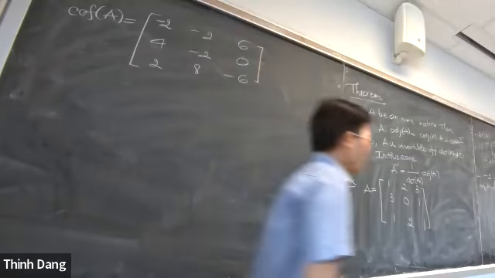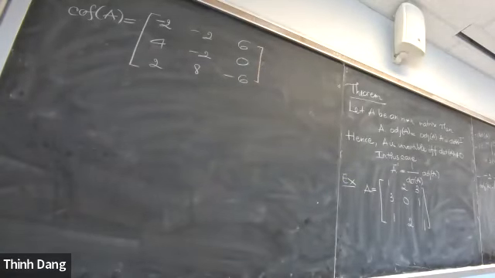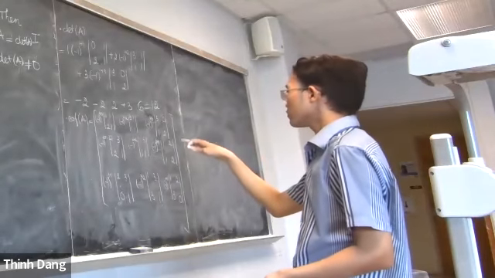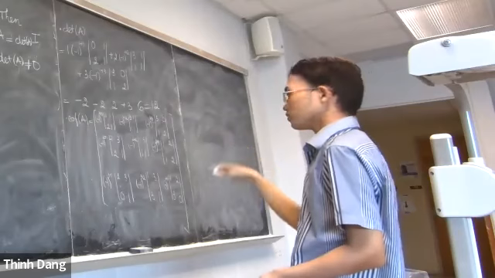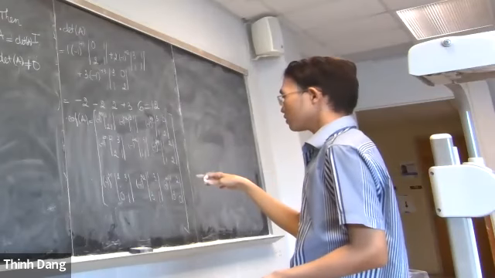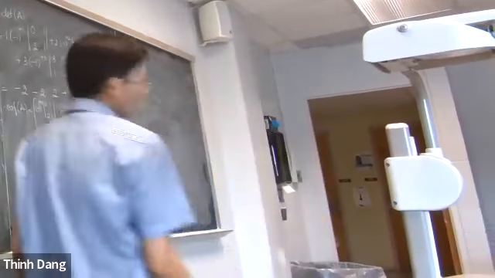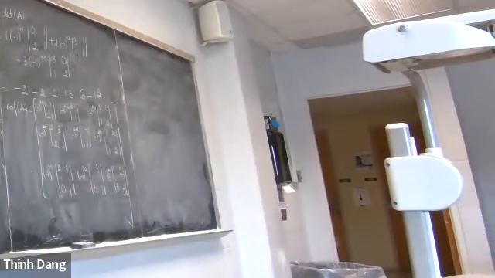This is the cofactor matrix of A. Let's find out if we have made mistakes. Yeah, it seems correct. So this is the cofactor matrix of A.